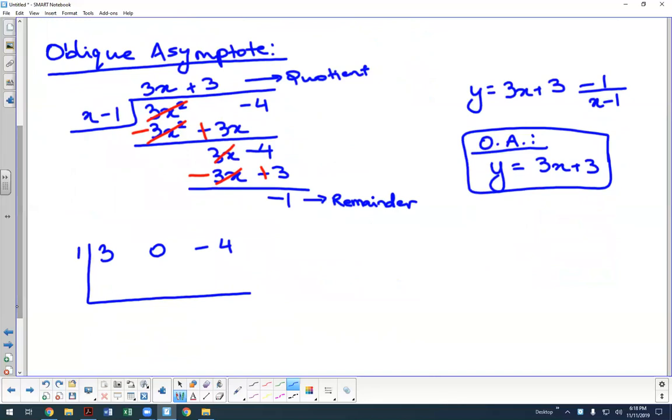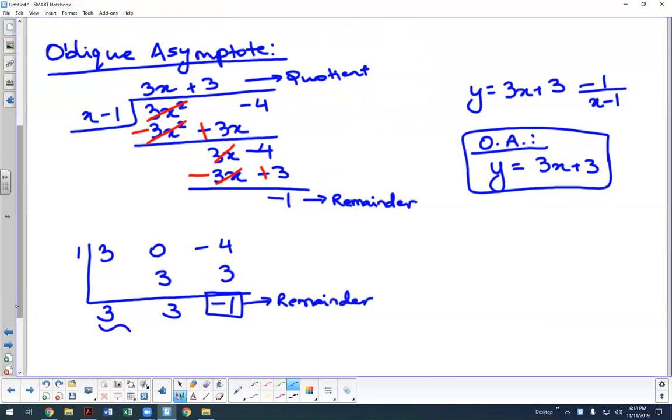Okay? Bring the first term down as it is. Then we multiply. 3 times 1 is 3. 0 plus 3 is, of course, 3. 3 times 1 again is 3. Negative 4, positive 3 will give us negative 1. And again, you will notice we got the same remainder as we did with long division.